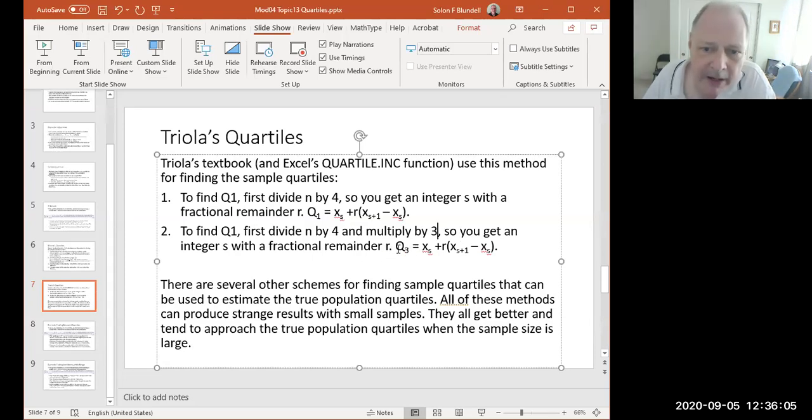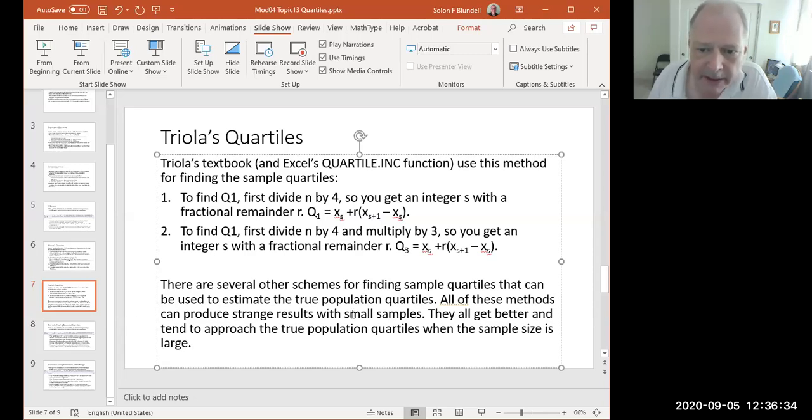You end up not at a whole number, but at a whole number s plus some fraction. So you go up to Xs, and then a little fraction of the distance up towards the next one in the list, Xs+1. Then you can get Excel to do that arithmetic for you.